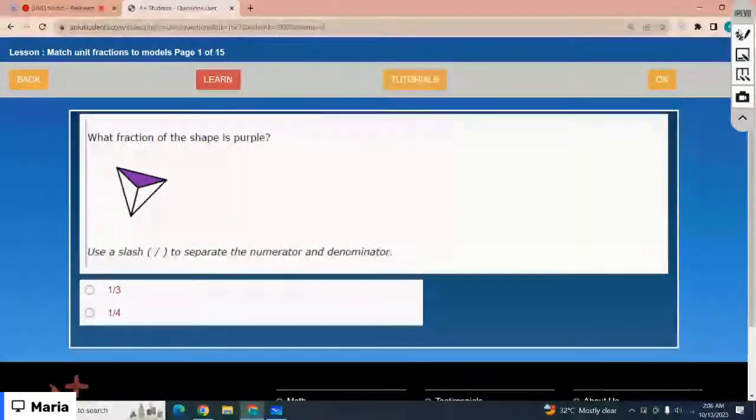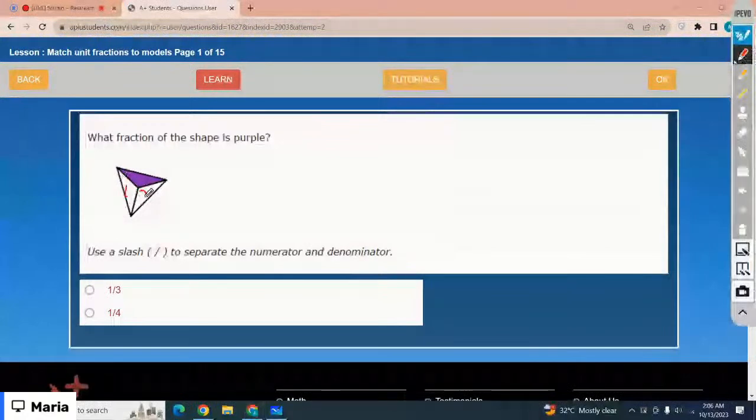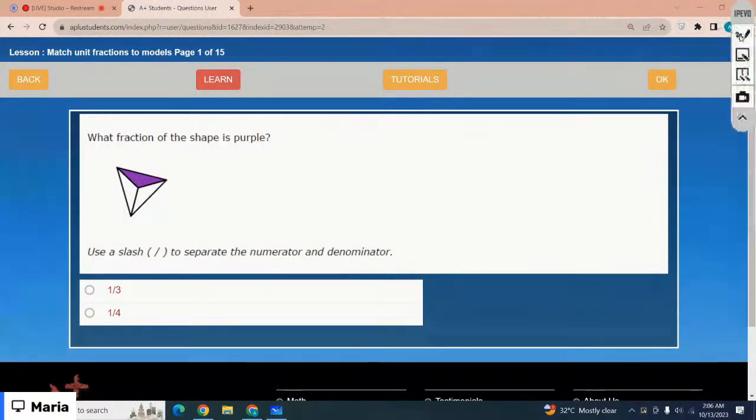The shape has total 1, 2, 3 portions, right? Only one of them is purple, so you can write 1 out of 3, right? That means the shape has 3 portions and only one of them is purple. Got it? You can write 1 out of 3. Got it? Option number 1 is the correct option.